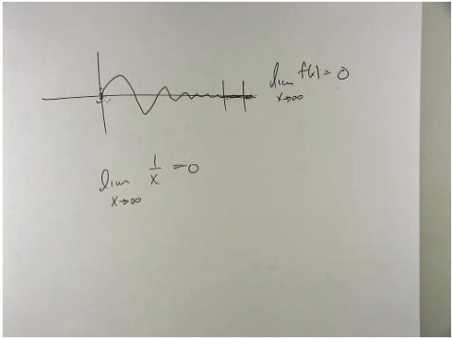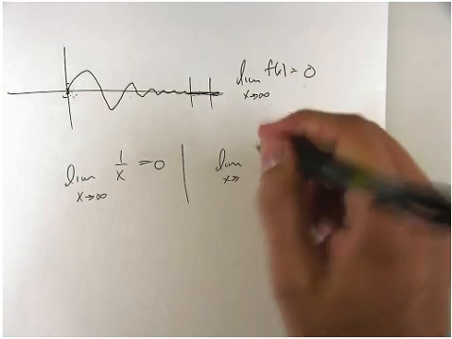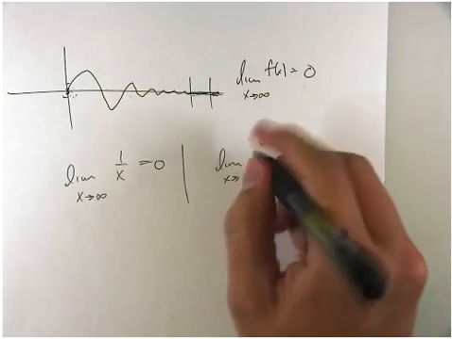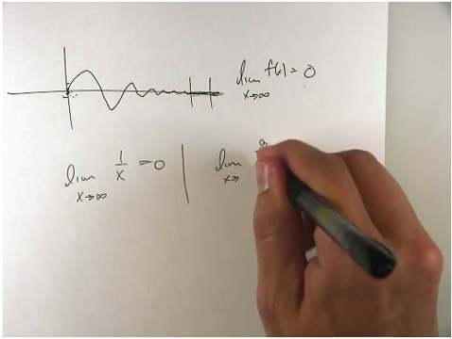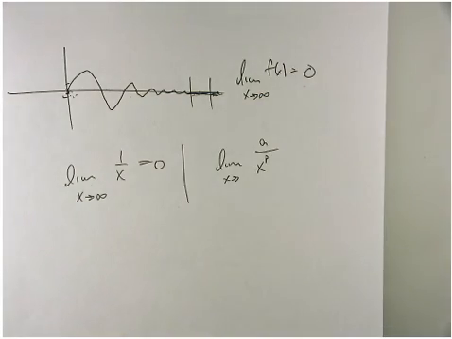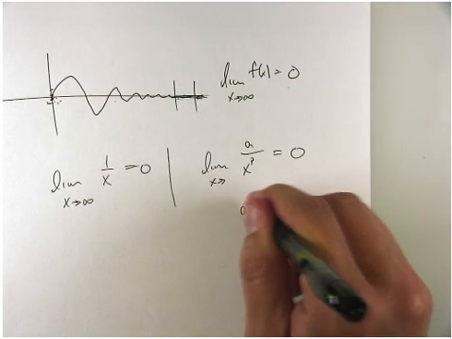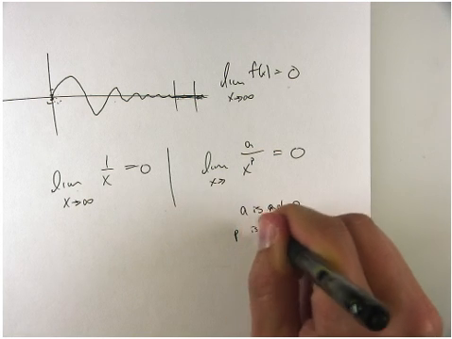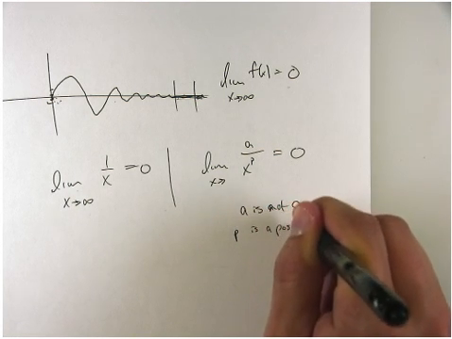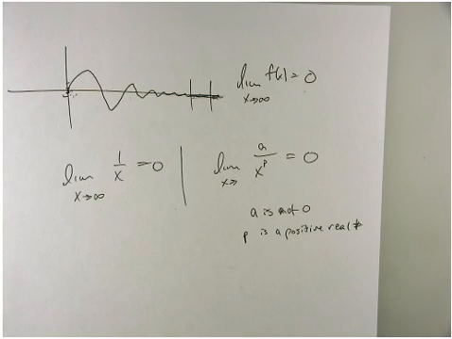In fact, if you had the limit as x approaches infinity of any non-zero number divided by x raised to a positive number, it's going to go to 0.